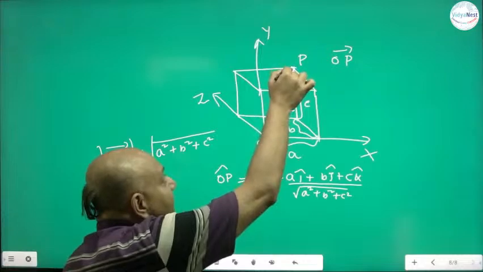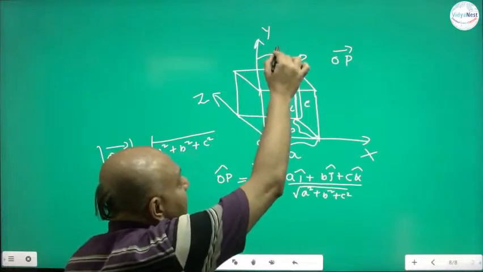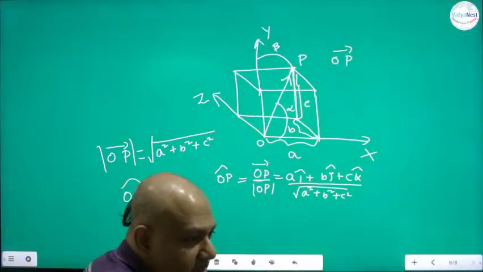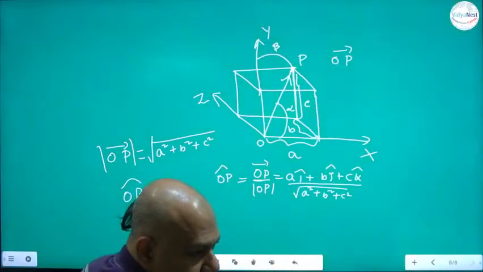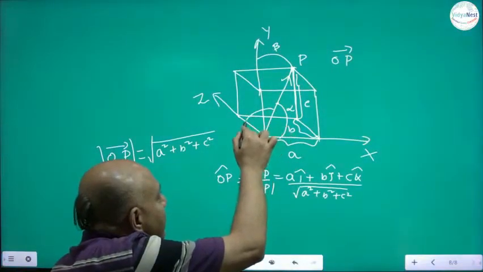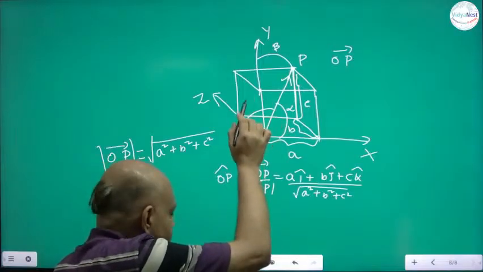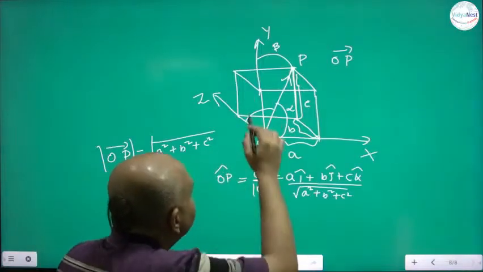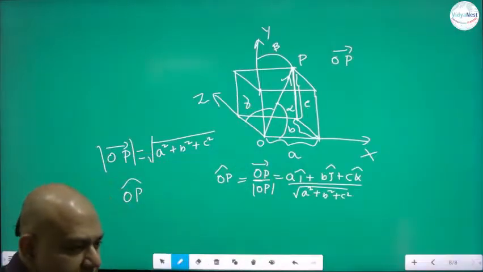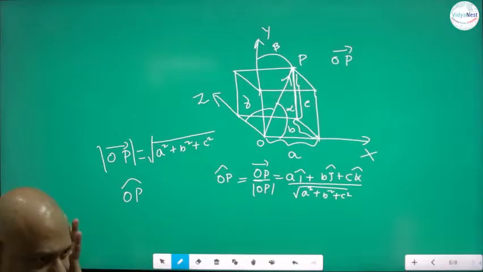This is the angle it is creating with the y-axis, suppose beta. It is also creating some angle with the z-axis, suppose gamma. It is creating some angles. Okay.